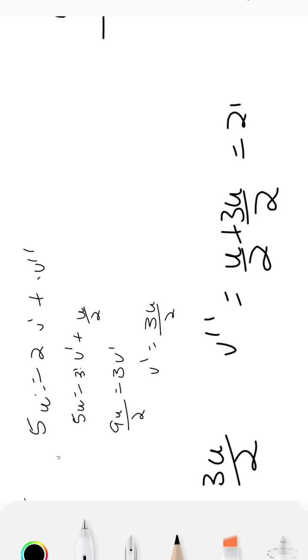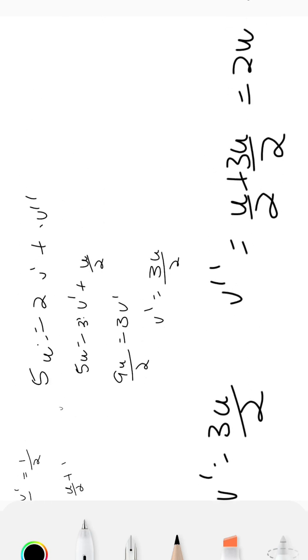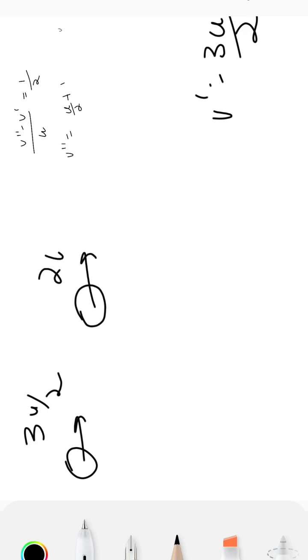So now we know the value of all the velocities: the first ball will have 3u by 2, the second ball will have 2u. Since the velocity of the second ball is higher as compared to the first ball, it is going to take part in the second collision.